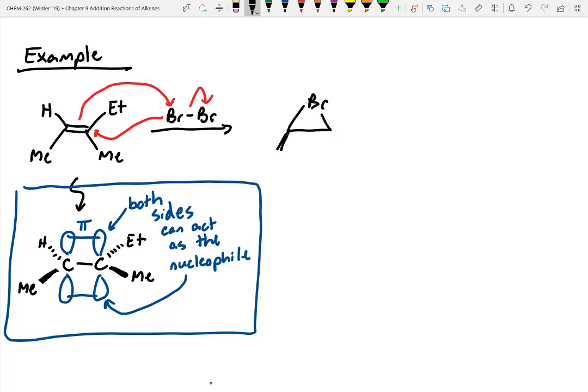We would have methyl group here as a wedge, hydrogen there as a dash, methyl group here, ethyl group. Or we could have the bromine coming off the bottom face of that p orbital, right? Oops, this should be a methyl, not a bromine.